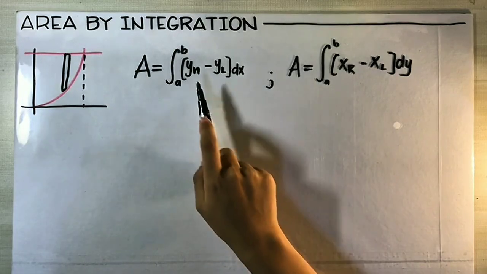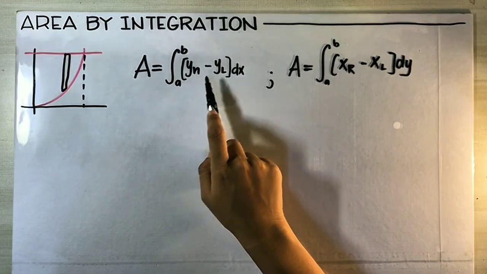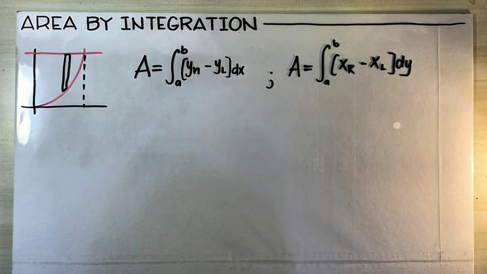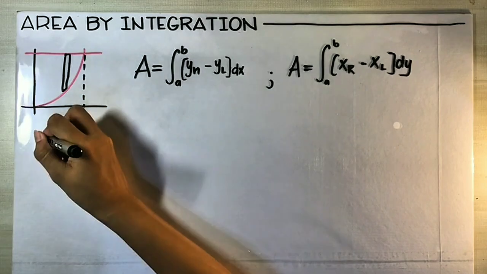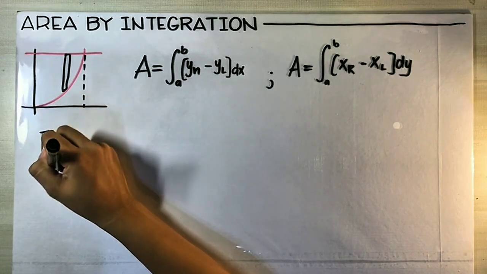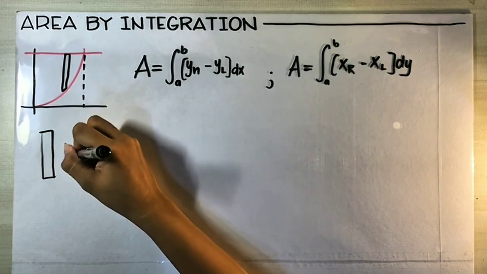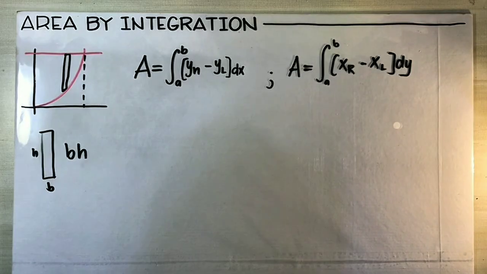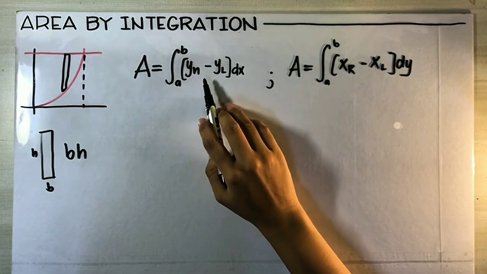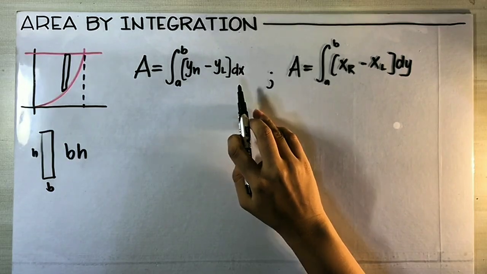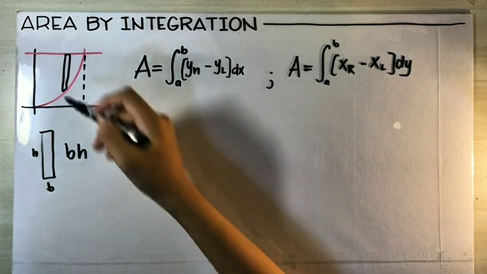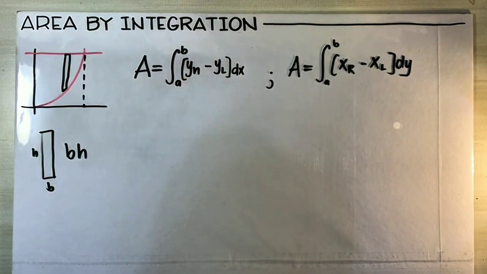So where did the YH minus YL dx come from? We know that the area of a rectangle is equal to base times height. So YH minus YL is the height and the dx is the width of our strip here.